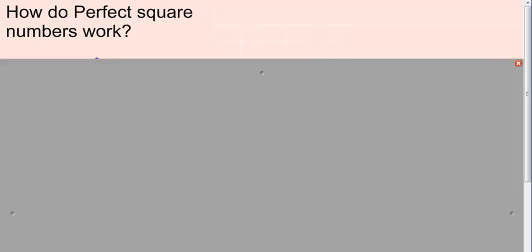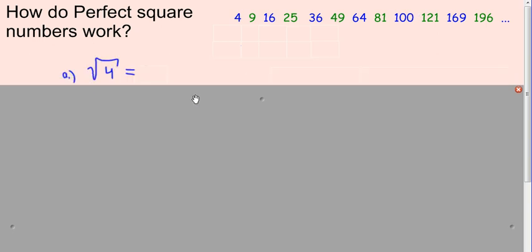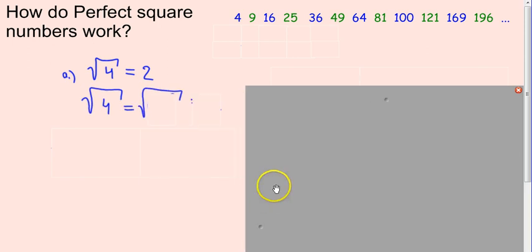I would like to move on and show you how a list of perfect square numbers is used to simplify expressions. I will start with the simplest expression, square root of 4. We know that positive square root of 4 equals 2. But why exactly is that so? Well, I would like you to look at the generalizations that we received earlier.